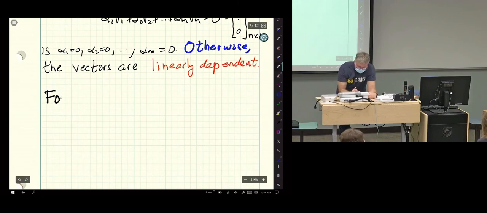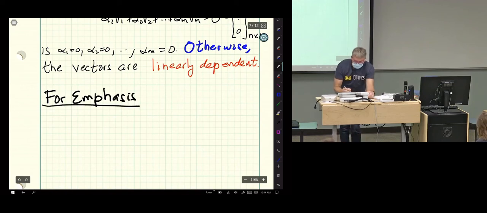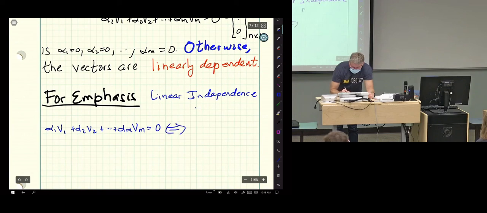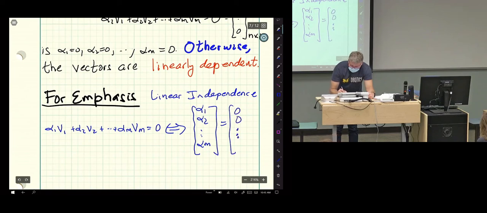Okay, so for emphasis, linear independence: alpha 1 v1 plus alpha 2 v2 plus ... plus alpha m vm equals 0 if and only if alpha 1, alpha 2, ..., alpha m is equal to 0, 0, ..., 0.